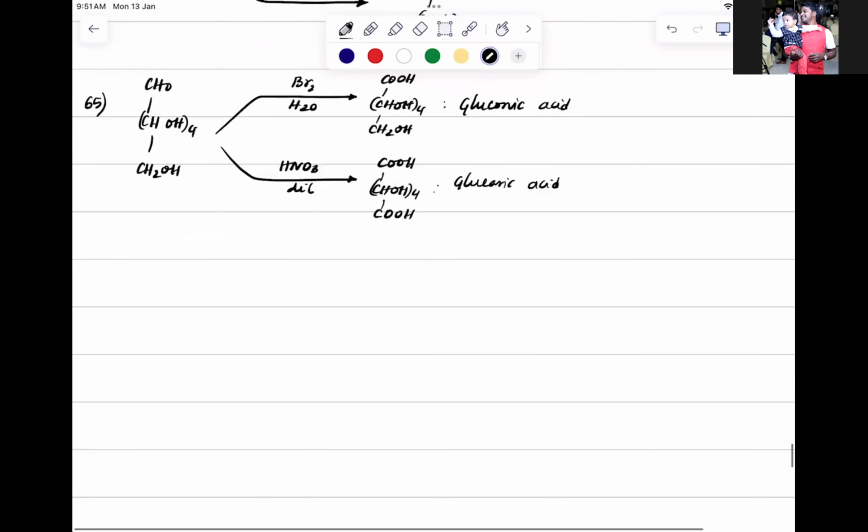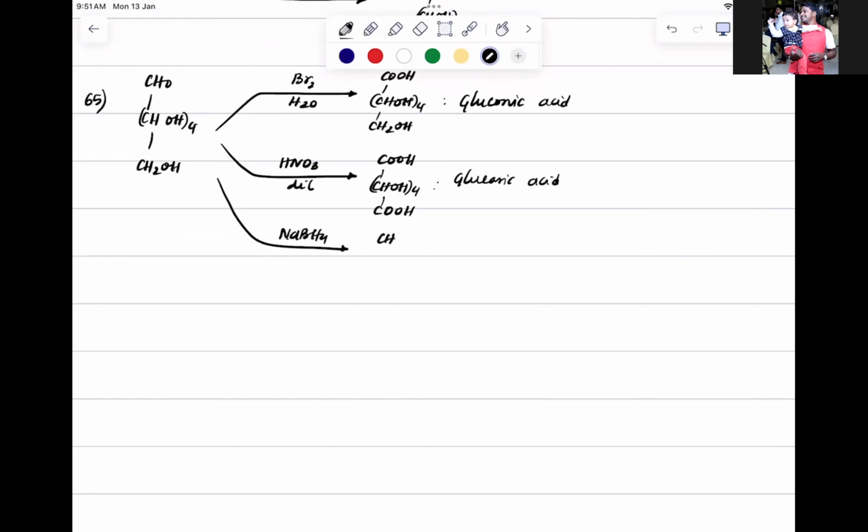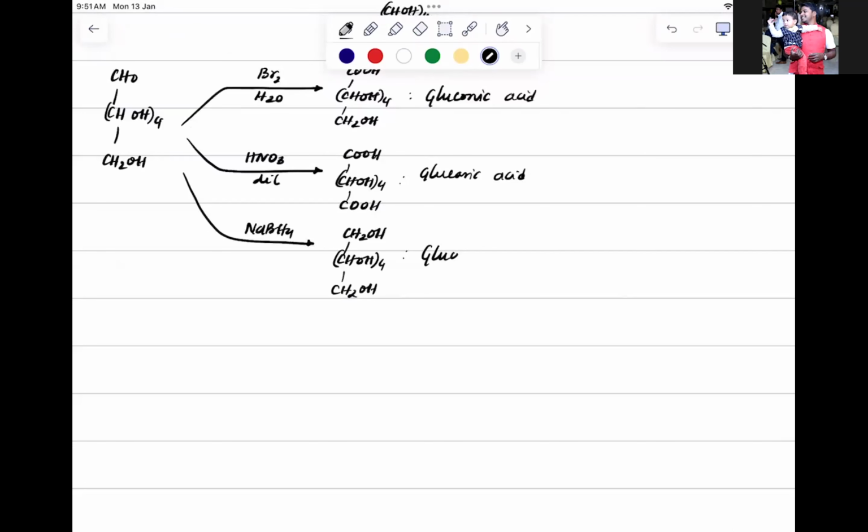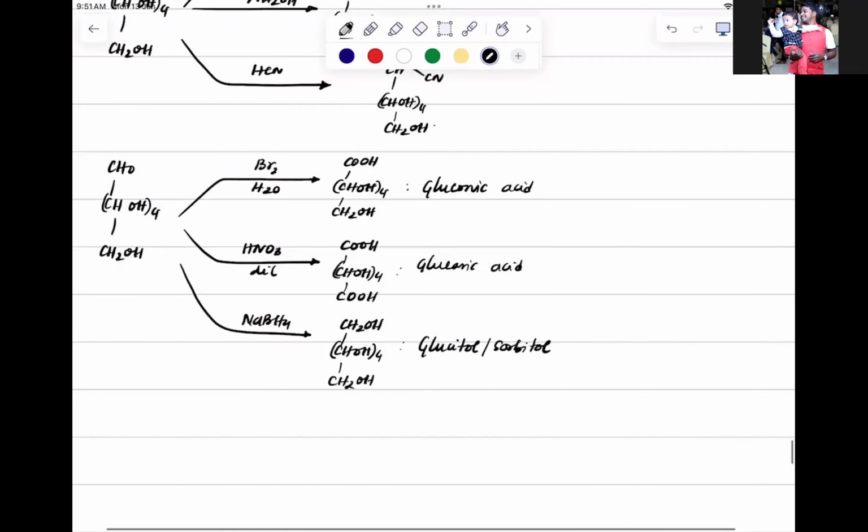And if you use NaBH4, then we will get CH2OH, CHOH 4 times, and again CH2OH. This is called glucitol or sorbitol. These are very important reactions from biomolecules. All right.